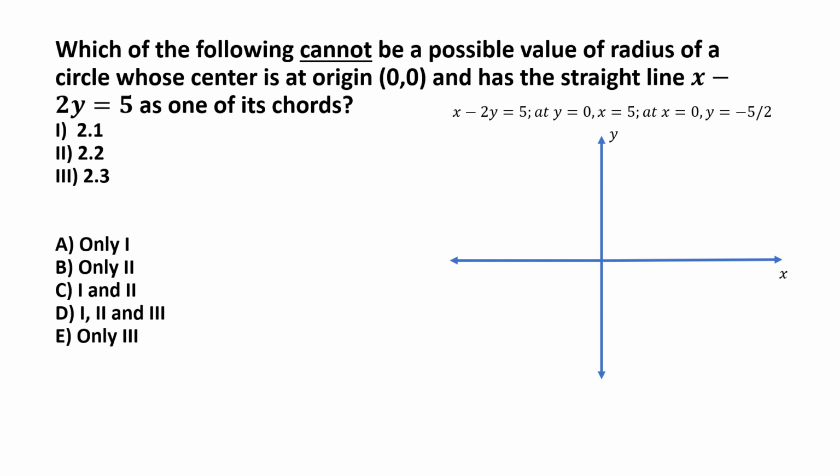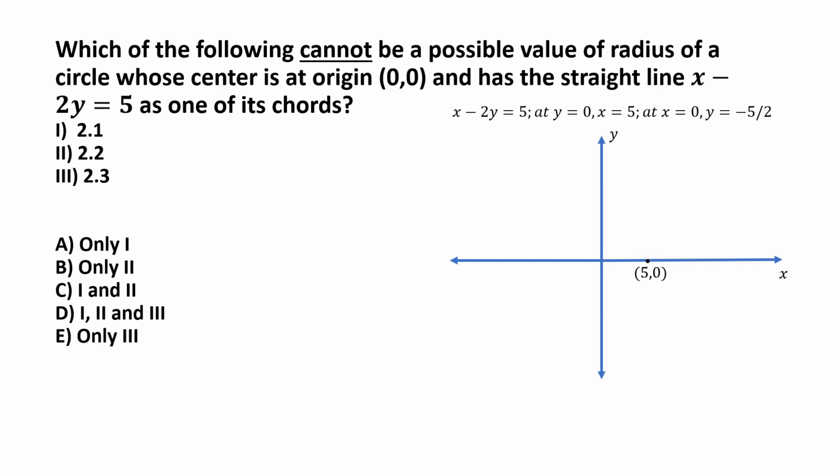The easiest way to draw any line is to find the x and the y-intercept. For the x-intercept, we just put y equal to 0 in the equation of the straight line and solve for x, in this case x equal to 5. So that would be the x-intercept, 5, 0, the coordinates of the point where this line meets the x-axis.